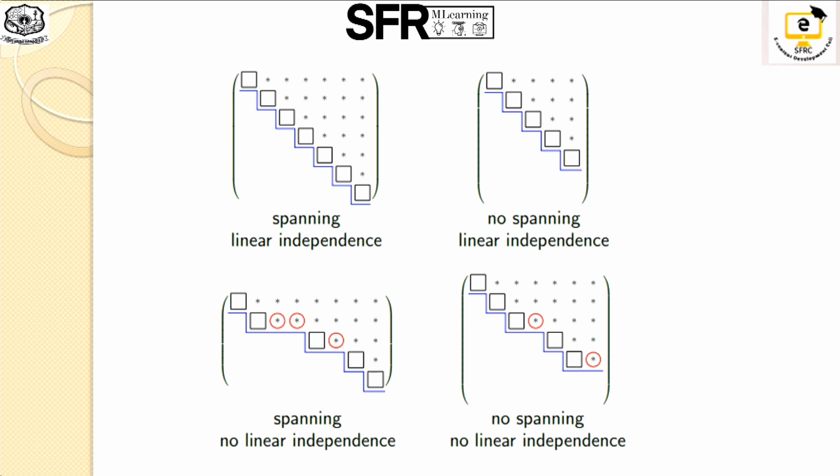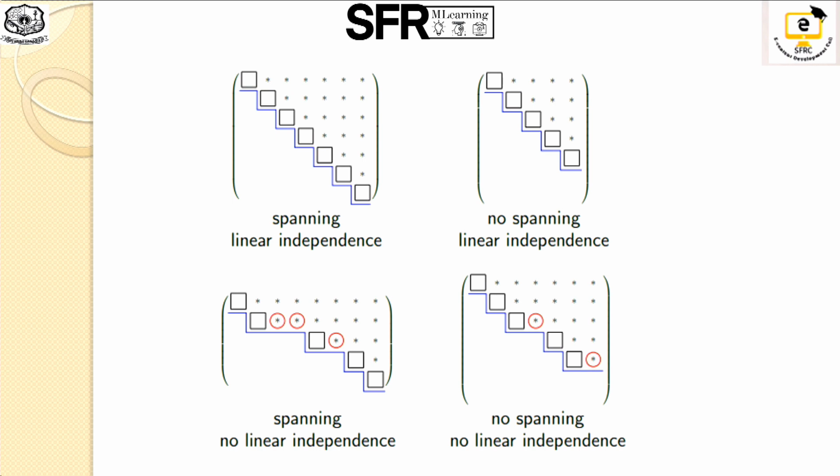The next is the pictorial representation of spanning sets and linearly independent sets. The first example is a very famous example of a linearly independent and spanning set. It covers all the rows and columns of R^n, that is, the n by n matrix.